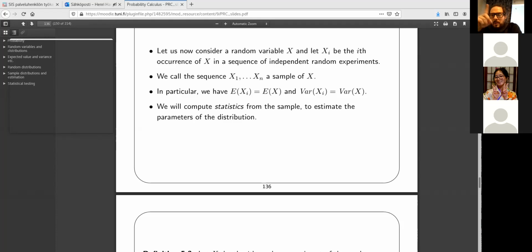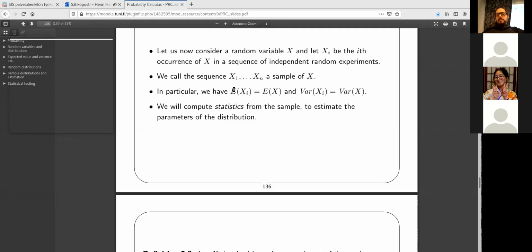So we think that there is one random variable, and then we're generating n experiments of the same variable. This sequence of n experiments, the result, is basically a random vector, which we call the sample of x.